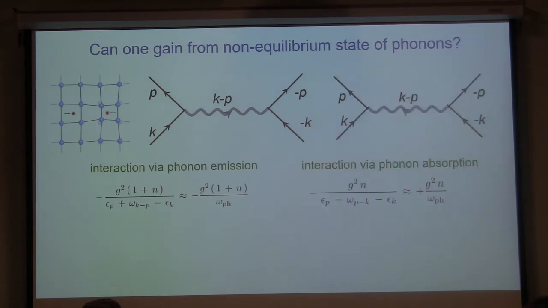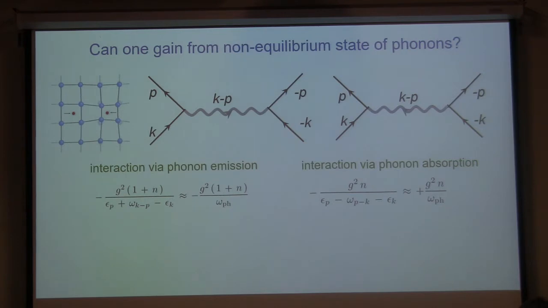Well, so this is good news of having phonons in the system, but then there is also bad news, because if we already have phonons present, then we have to include not only contributions when we create one extra phonon, but also contributions when the first electron absorbs one phonon, which is then re-emitted by the second electron. And this process now goes through an intermediate state which has one fewer phonon, right? Therefore, it comes with the opposite sign.